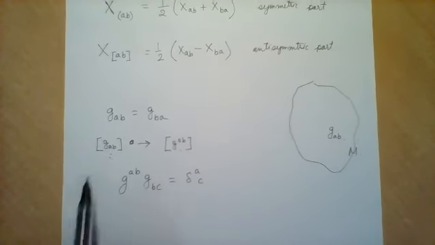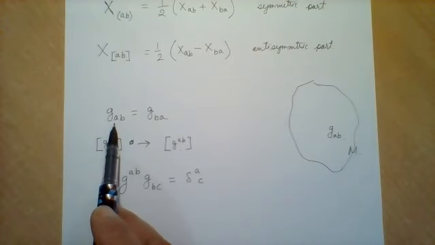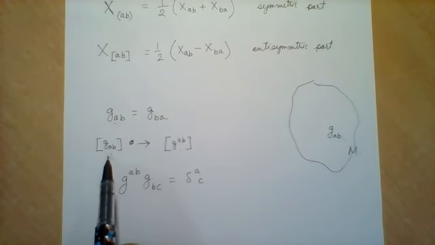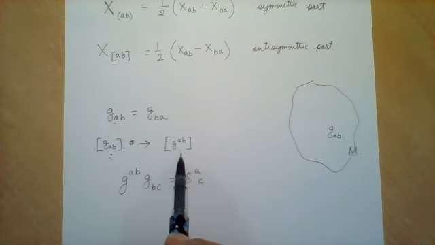Since GAB is a symmetric tensor, its matrix form will also be a symmetric matrix. The inverse of a symmetric matrix is also a symmetric matrix.